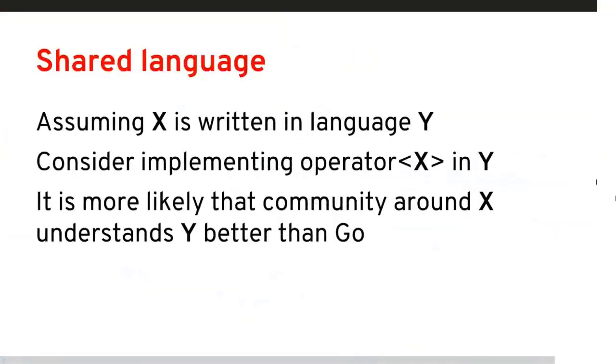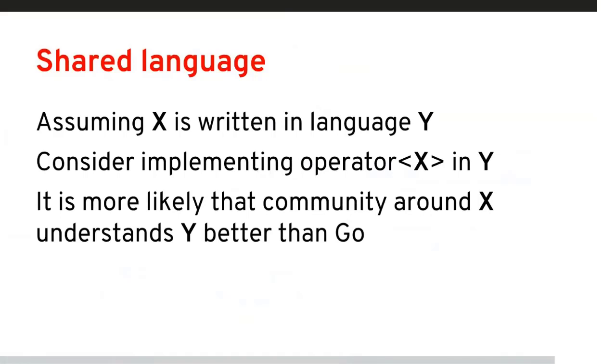And I think this is a different point to mention, because these days everyone assumes that Go is the right language for writing operators. I won't disagree. I think Go is a perfect language for doing that because it's statically typed and it produces very small images. But I would argue that there is also a different angle to see that. It's also the domain expertise. If system X is written in language Y, it may be handy to preserve the knowledge with the same language.